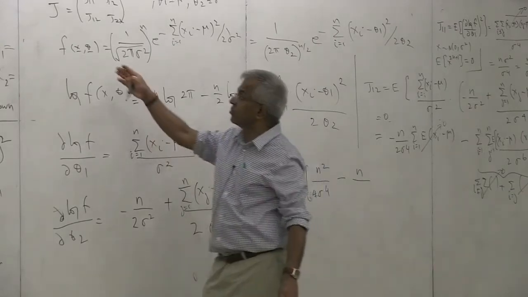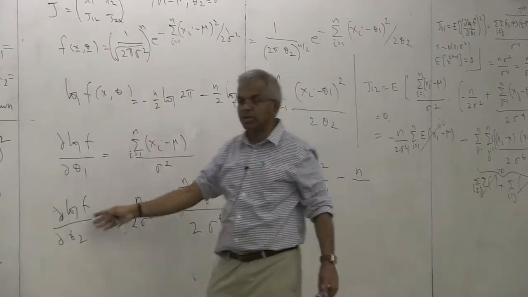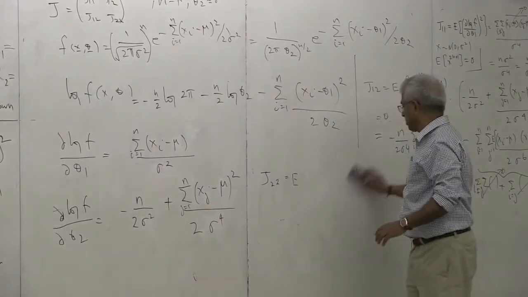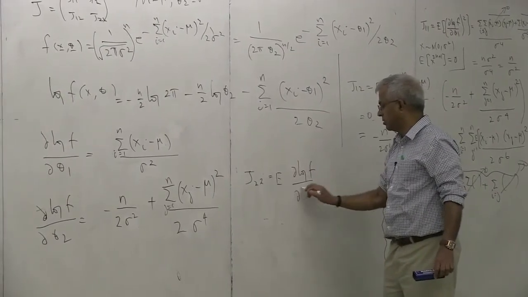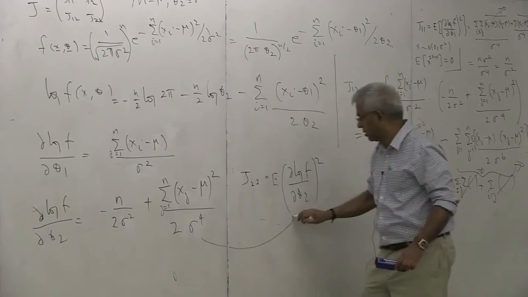What is J22? You forget the formula. J22 is the expected value of the second derivative squared, right? Remember, expected value of d log f d theta 2 squared. So I take this quantity and plug it in here.